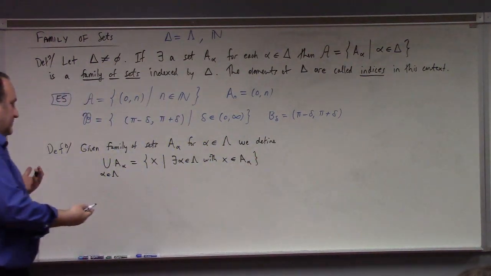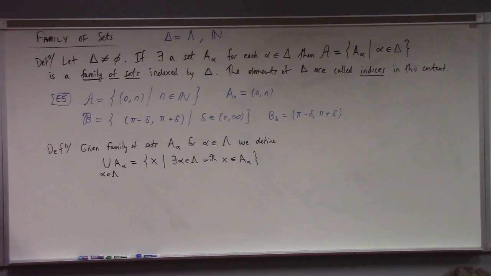So the union over a family of sets is simply the collection of all elements which are in at least one of the sets in the family. So this is union.